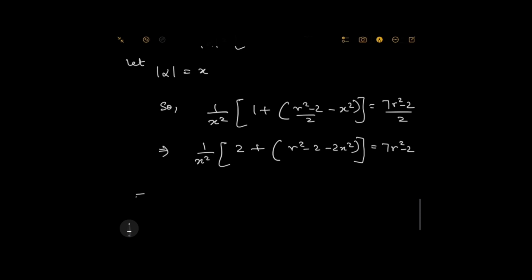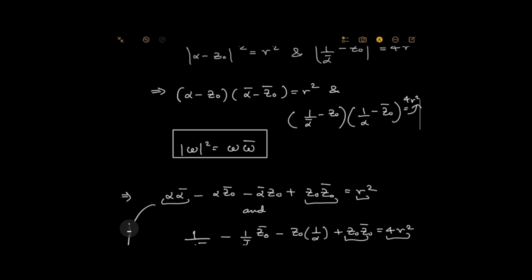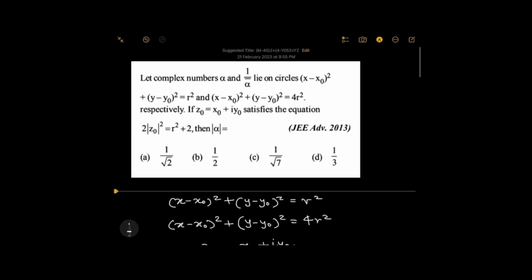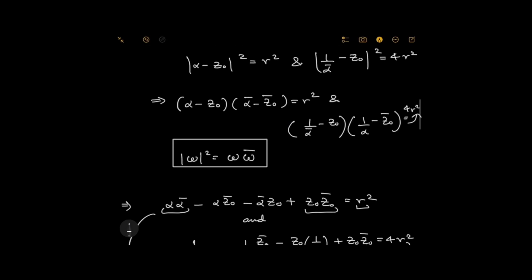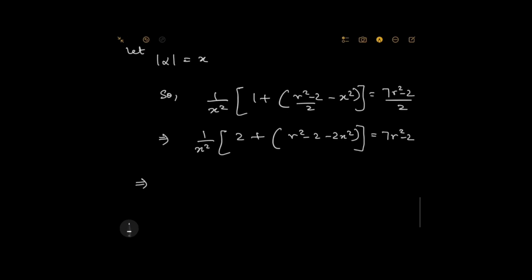Again cross multiplying, clearly x will not be equal to 0, because neither of these circles is passing through the origin. So x is not equal to 0, and we can cross multiply by x squared. That's good. So this can cancel.